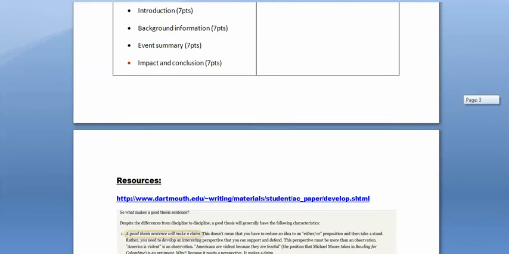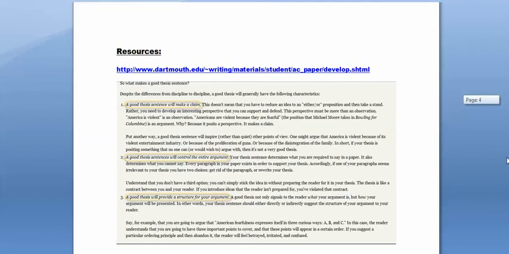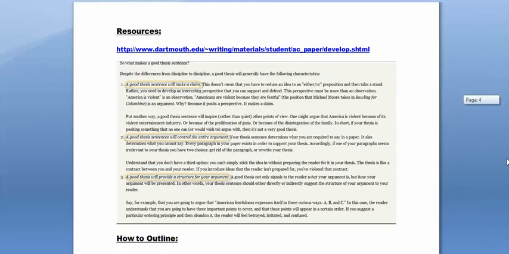Now the resources are on page 4, as I mentioned, and if you scroll down you will see that the first thing your resources begin to talk about is a thesis statement, because that is a major part of this assignment. We have to figure out what a thesis statement is before you can effectively sit down and try to write one for your research project.